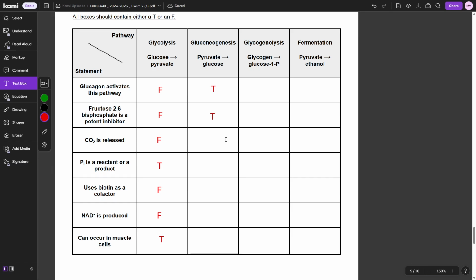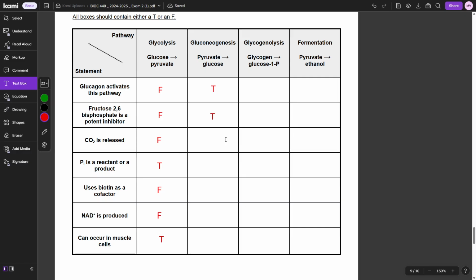PEP carboxykinase. What reactant do I use in that process? GTP. I'm also using ATP to do what? To activate the CO2 adding. And the CO2 comes from what? Bicarbonate. You'll see this again in 441. Bicarb is how you actually get CO2.